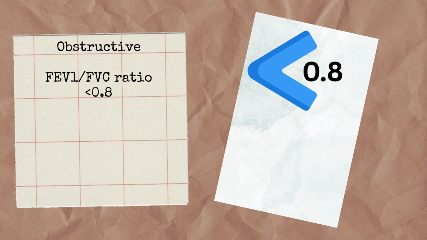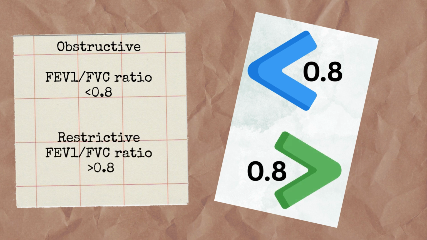So when it comes to the ratio, we use the standard of 0.8. Obstructive pathology leads to a ratio that is less than 0.8, whereas restrictive pathology leads to a ratio that is greater than 0.8. So this is less than 80% or greater than 80%. And again, you go back over the lecture if you need to understand how we got to that maths.